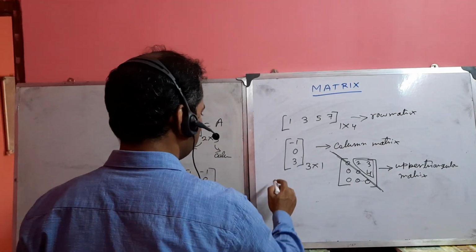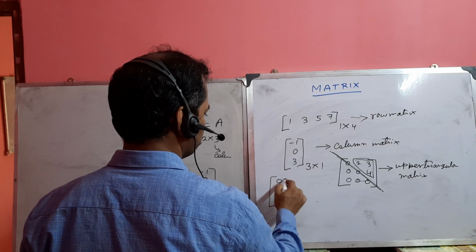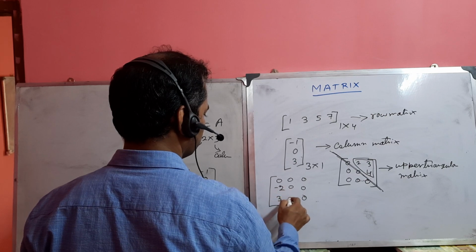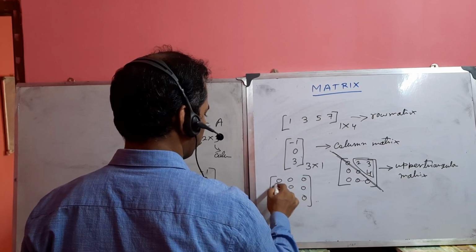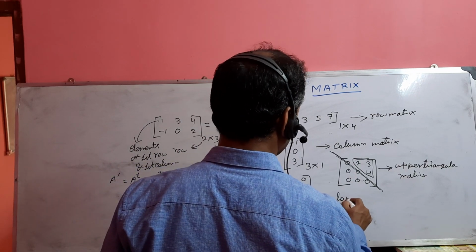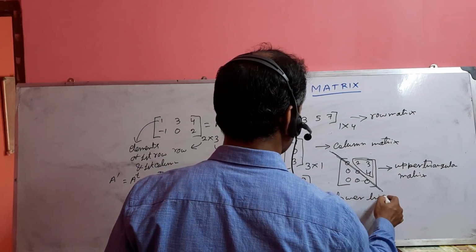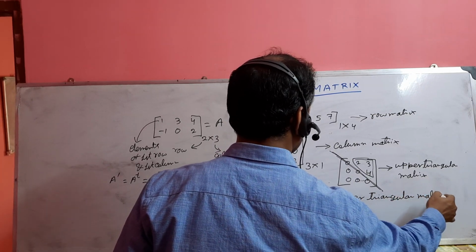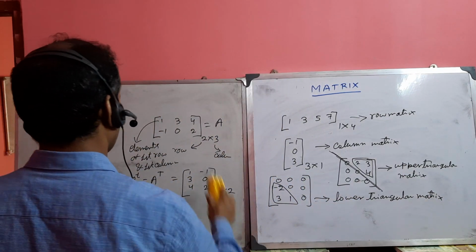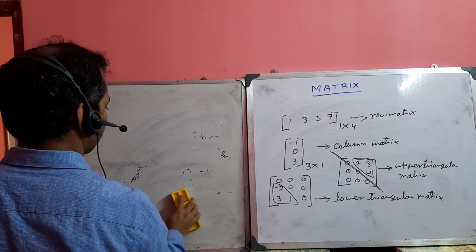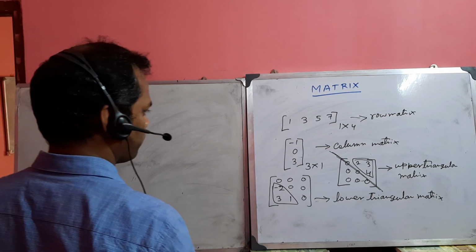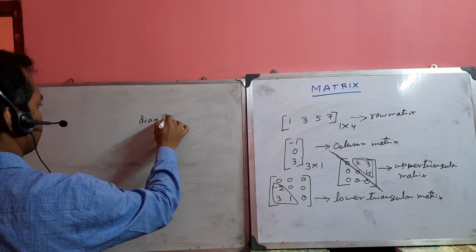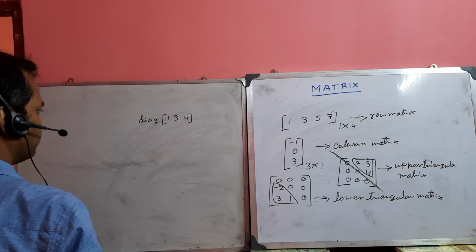For the lower triangular matrix, this one is a lower triangular matrix. And DIAG 1 3 4, this is a diagonal matrix.